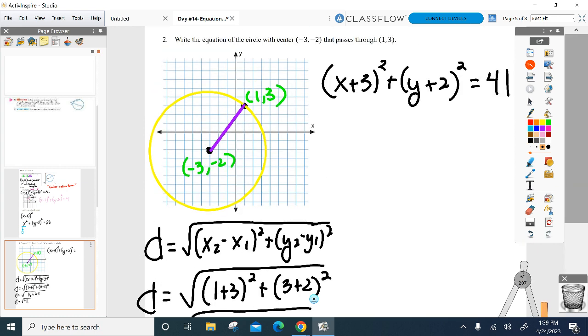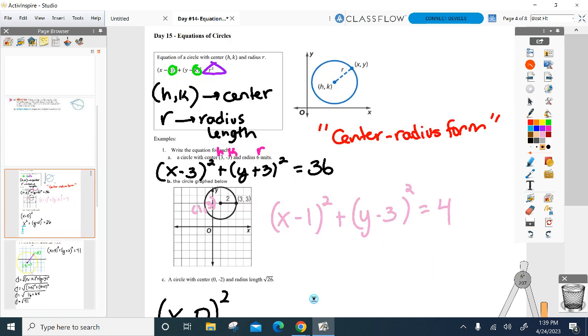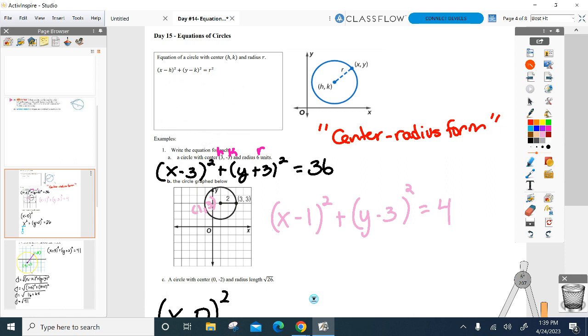There it is. All right, a little mind blown moment here. Can we go back to the equation of a circle here? Get rid of all this. Remember the equation of a circle up here? If I said, how do I just get r by itself? This is r squared right now, right?